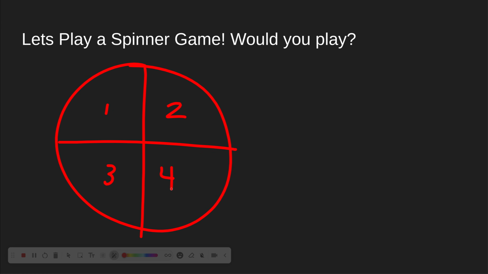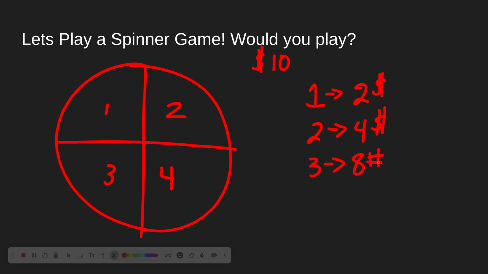We're taking a spinner and spinning it around, okay? This game costs $10 to play. A 1 is going to give you $2 back. A 2 is going to give you $4 back. A 3 is going to give you $8 back.